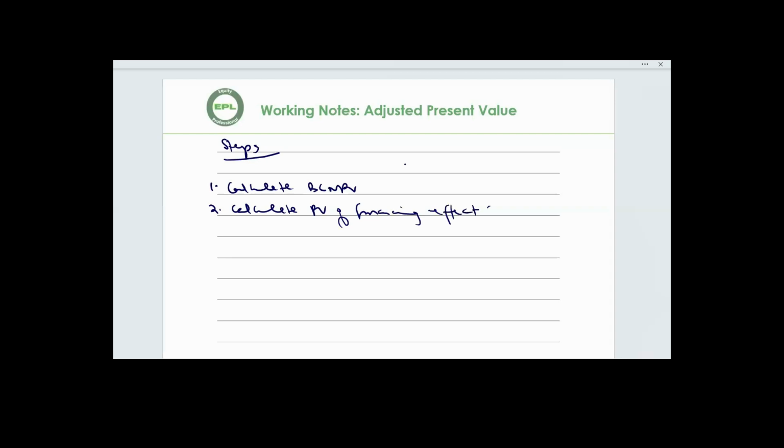Step 3, you calculate or determine adjusted present value. Then step 4, you advise. So these are the 4 procedures you need to carry out whenever you want to calculate adjusted present value.